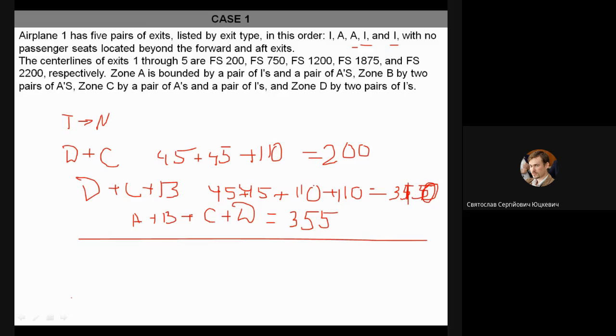If you have an already existing layout, for example, 30 passengers in business class in zone A, and then 50 passengers in zone B, and so on, you must check it by these combinations. But if you have an already existing configuration, you must compare it with these results. The sum must be not more than these allowable limits.